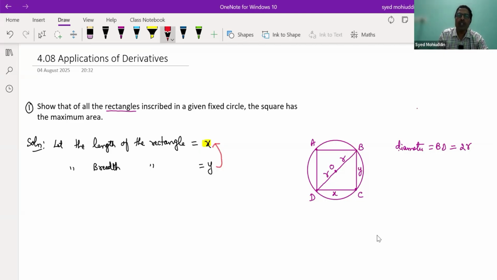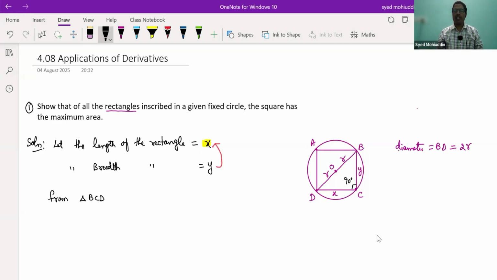If you try to observe the triangle BCD, what type of triangle will BCD be? Suppose I take this angle as 90 degrees over here. So BCD will be a right angle triangle.